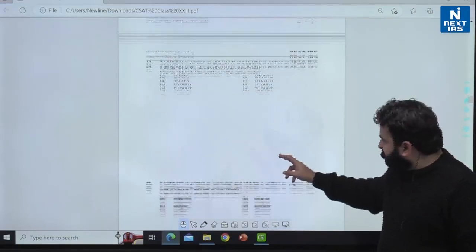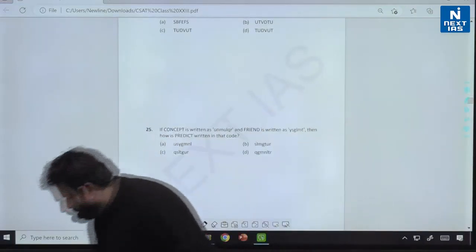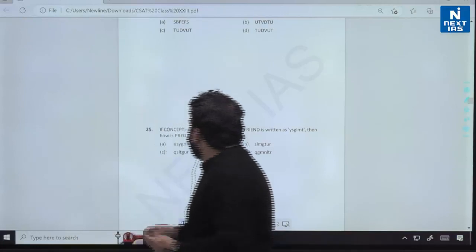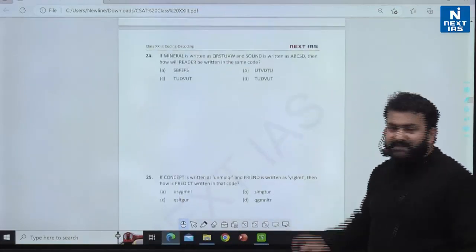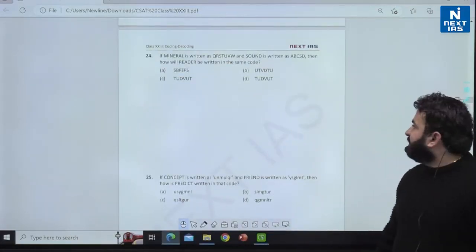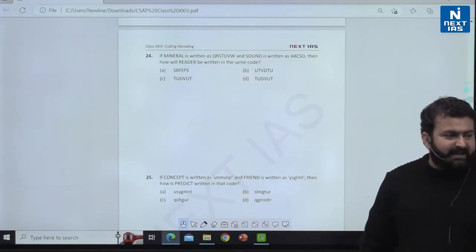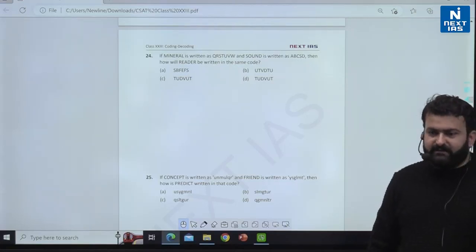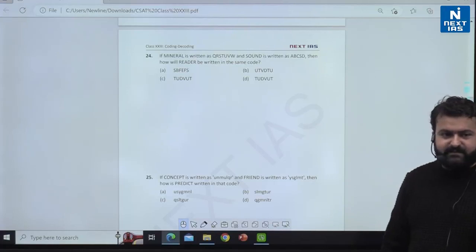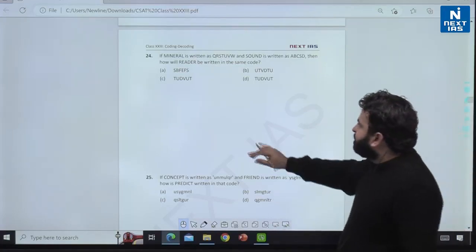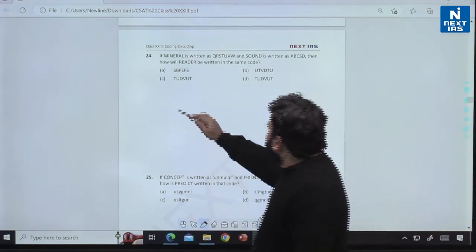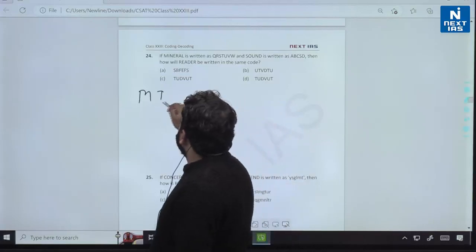Next question was 24. So next question number 24. All of you, question number 24, what is the answer? Option B. All of you getting answer option B? Okay. So now all of you just tell me fast what is the pattern here.